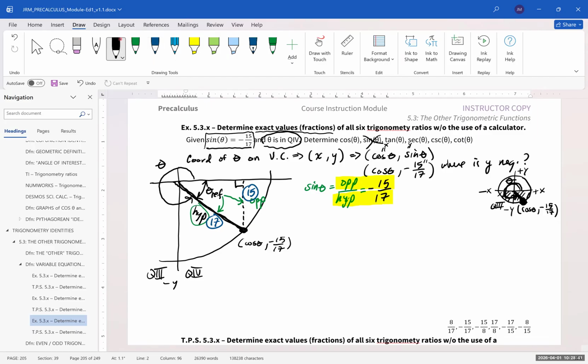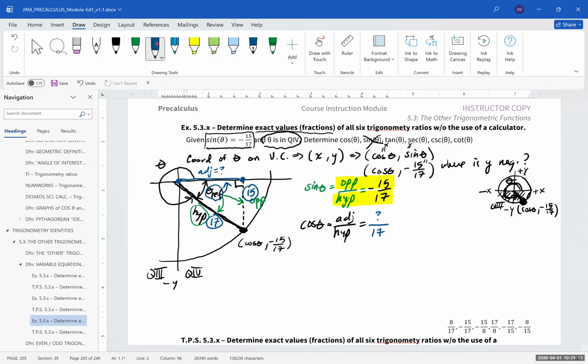Now, cosine theta is the adjacent side over the hypotenuse. Well, which side is adjacent to this reference angle? This is our adjacent side, from here to here. So how can we find it? We already know that the hypotenuse is 17.